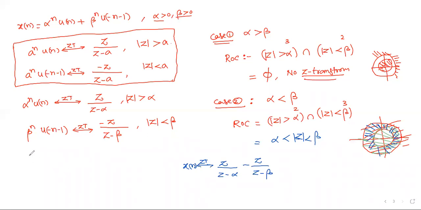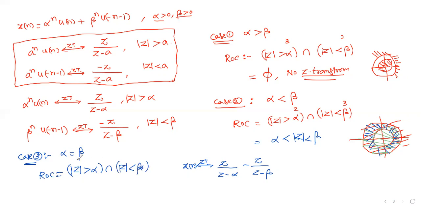Now, case number 3. If alpha equals beta, then also the ROC won't exist. What is the ROC? ROC is mod Z greater than alpha intersection mod Z less than alpha, sorry, less than beta.